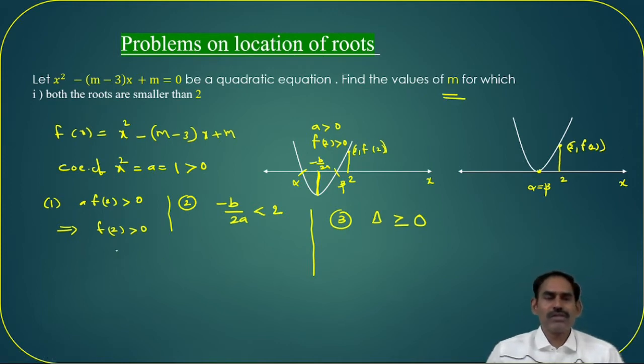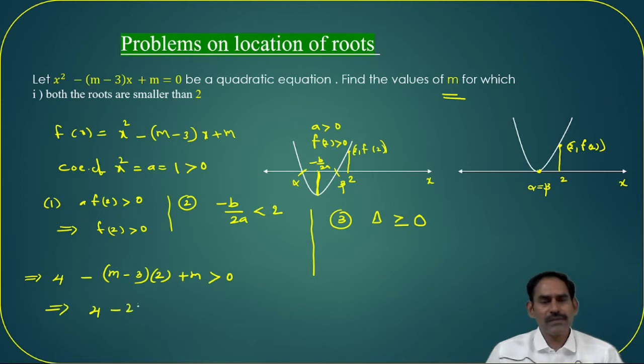So f of 2 is greater than 0. What is f of 2? Substitute x equals 2. That means 4 minus (m minus 3) into 2 plus m is greater than 0. Simplify: 4 minus 2m plus 6 plus m greater than 0, so 10 minus m is greater than 0.